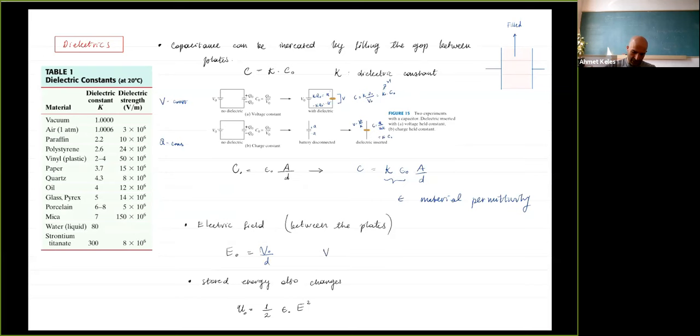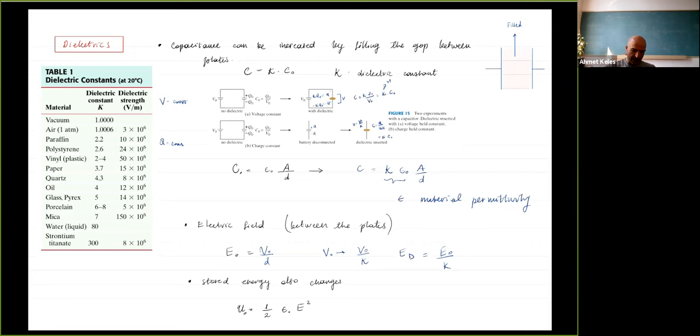And if voltage goes to some value divided by K, electric field, let's call this E_D with the dielectric, is going to also drop with some factor. What is it? E0 divided by K. Okay.